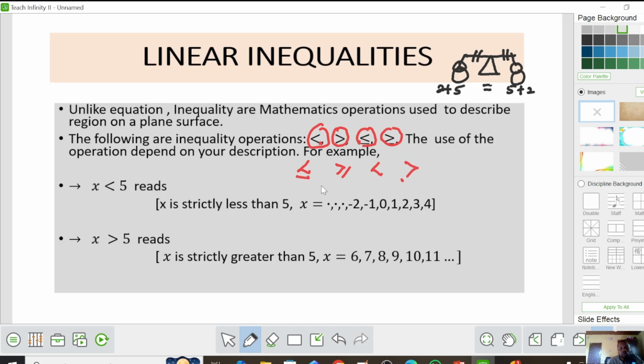So these 4 operations are attributed to inequality.